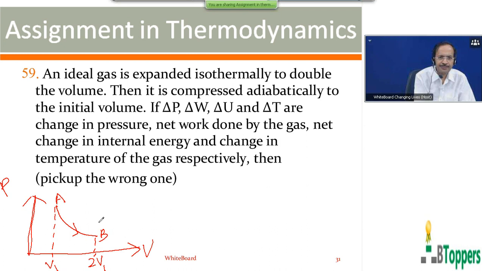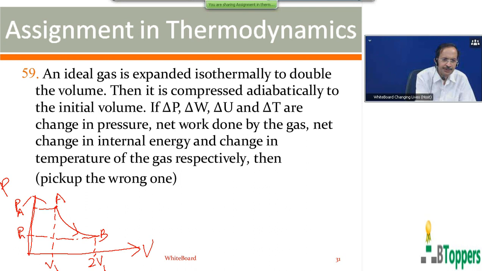In an isothermal process the temperature is constant. At constant temperature, pressure is inversely proportional to the volume. So when volume is doubled at constant temperature, pressure will be reduced to half.